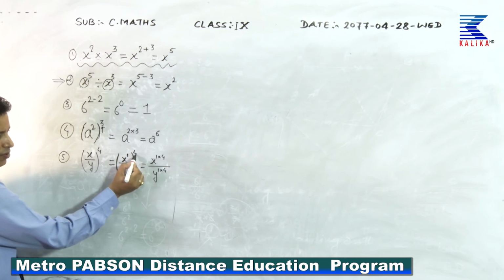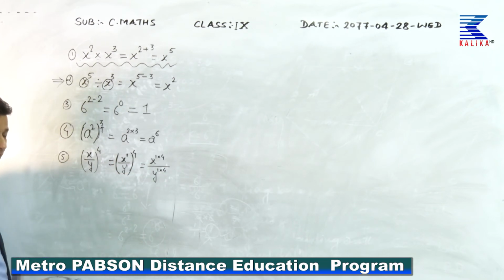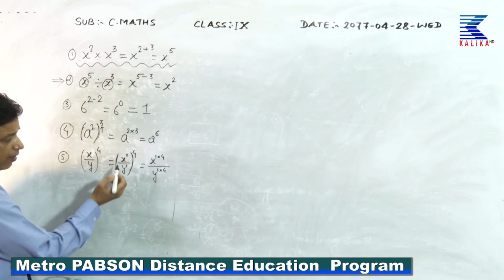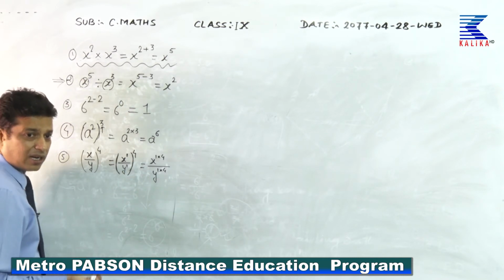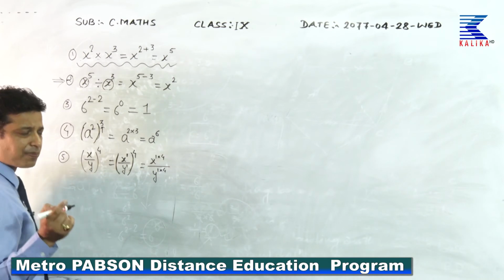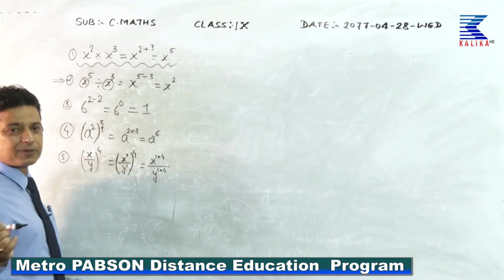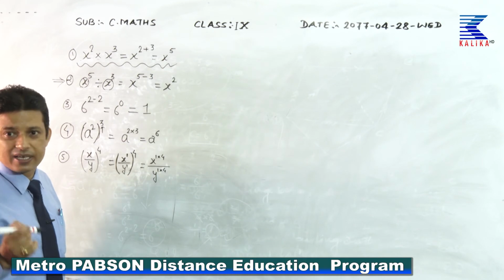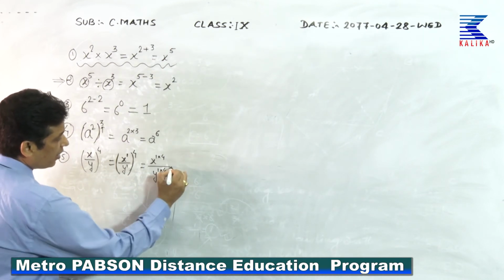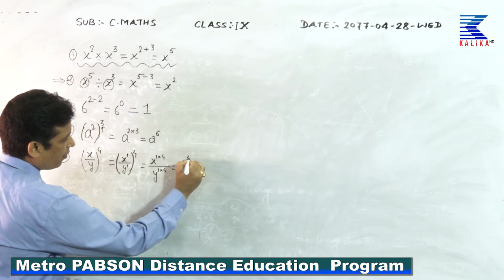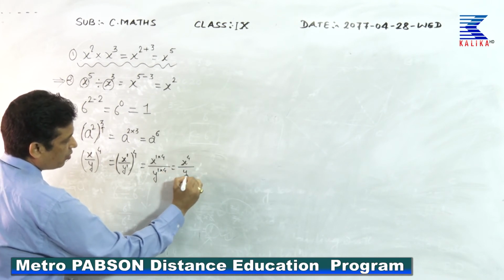This power 4 should multiply both the powers. As I have said, dear student, we are talking about 2 operations only. Laws of indices takes place mainly in 2 operations of mathematics. They are multiplication and division. So, this is equal to x to the power 4 over y to the power 4.